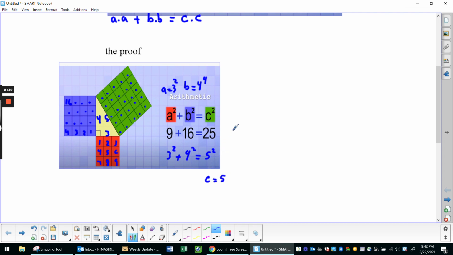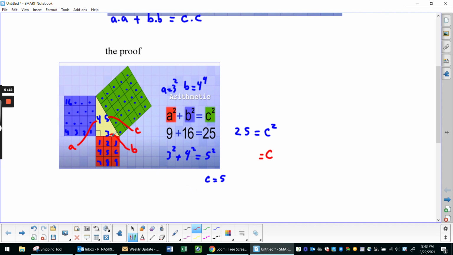Now, a better way to do this would be when you see that at the end you have 25 is equal to C squared, because you're not always going to have a nice round number like this. In order to solve for C, we want the side length, so we just want C. See, this 5 here is C. This 4 here is A. And this 3 here is B. Okay?